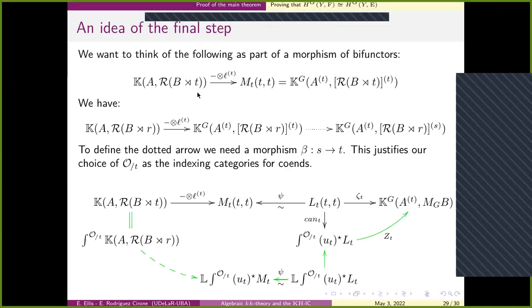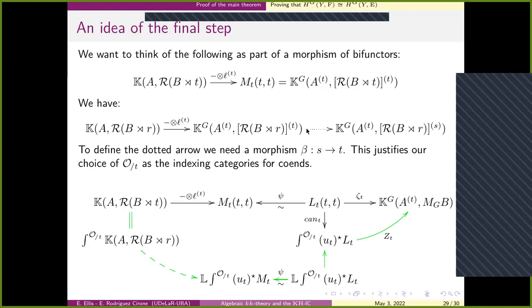Okay, we want to think of this morphism as a part of a morphism of bifunctors. So if we treat these variables as separate variables, and we tensor with this algebra, we have this first morphism, but we would like to have a dotted arrow like this, because we want to think of a morphism of bifunctors.